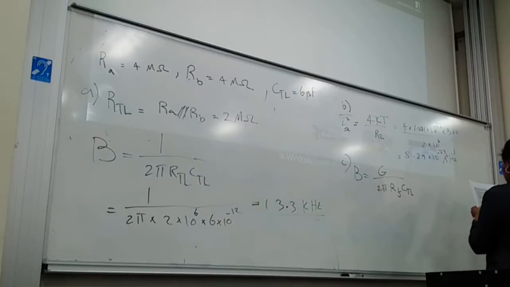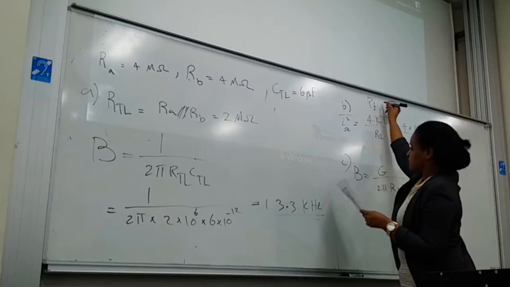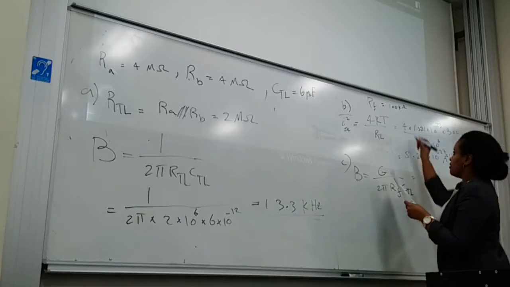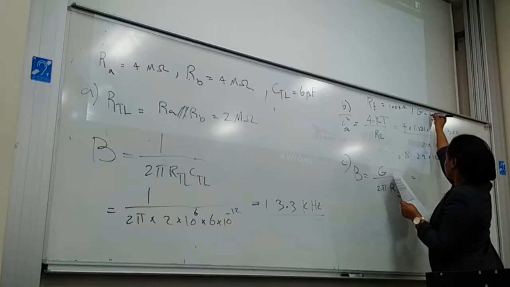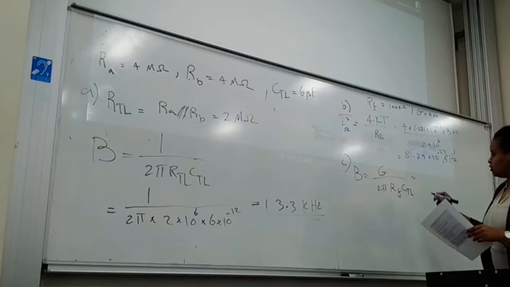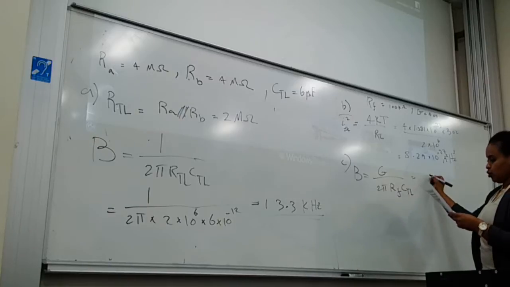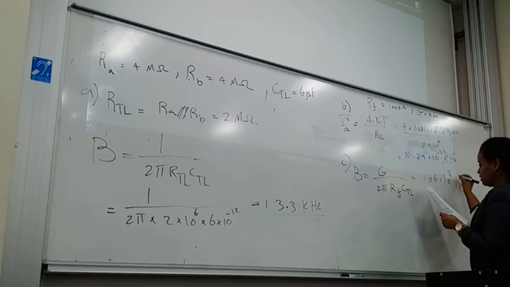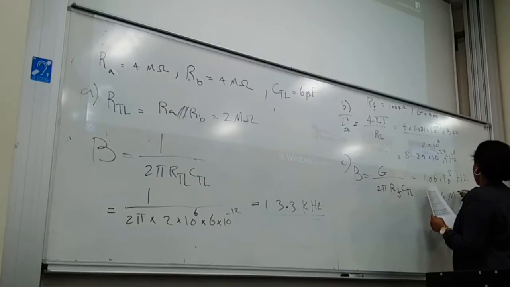And RF was given as 100 kilo ohm, and the gain was given, so if you do the calculations, you will get 1.06 times 10 to the power 8 hertz, which is 106 megahertz.